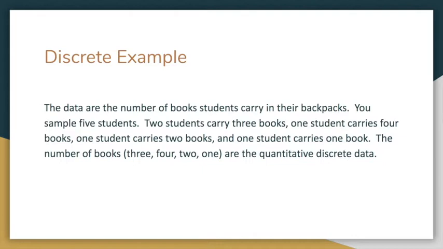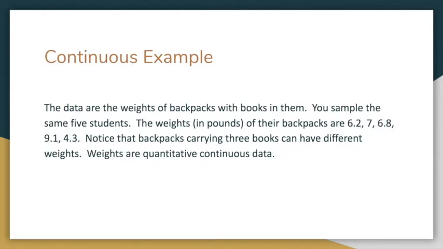So just to give you a little more in-depth example, as a discrete case, perhaps you are interested in the number of books that students carry around in their backpacks. You sample 5 students, and 2 of them are carrying 3, 1 of them is carrying 4, 1 student is carrying 2, 1 student is carrying 1. So the number of books gives you discrete values: 3, 4, 2, 1, etc. On the other hand, maybe you want to know how much people's backpacks weigh.